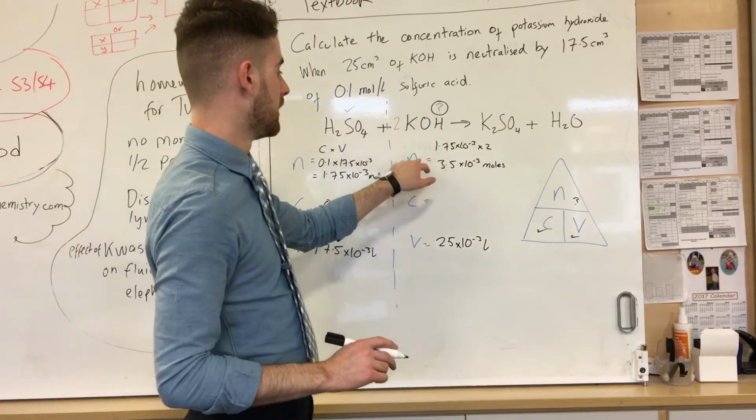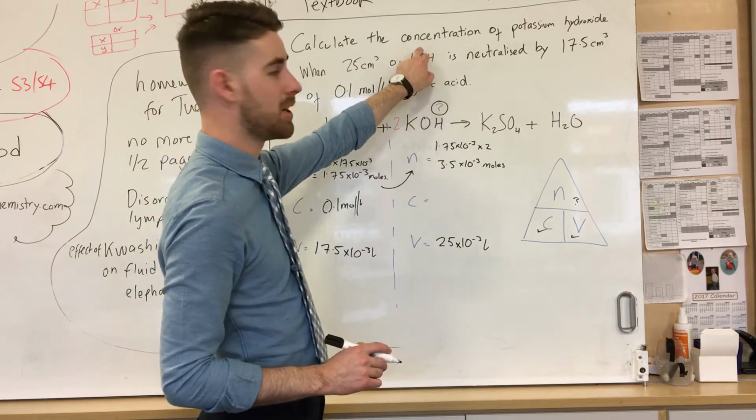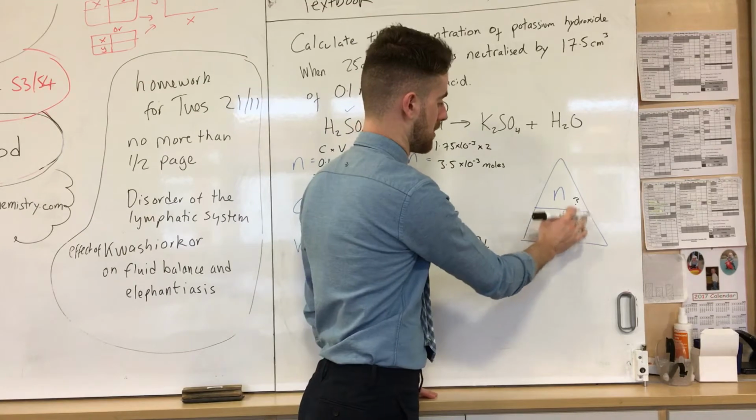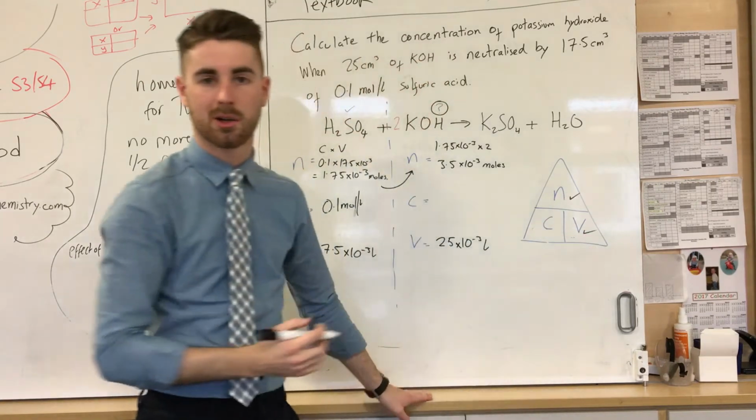Now we know a number of moles, we know a volume, and the question is asking about concentration. So what we do is we refer back to a triangle. This time we know the number of moles, we know the volume, we need to work out the concentration.